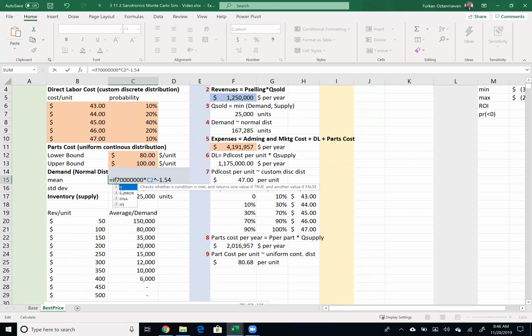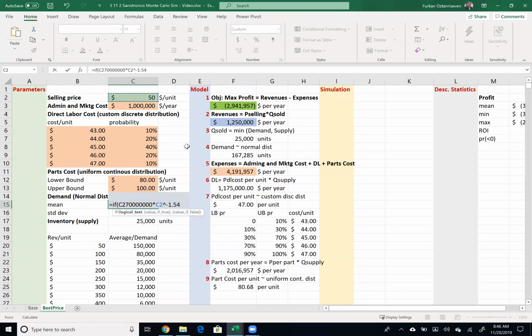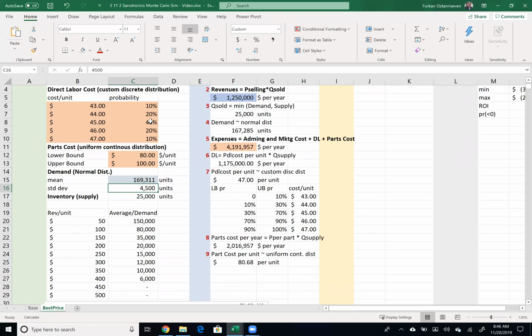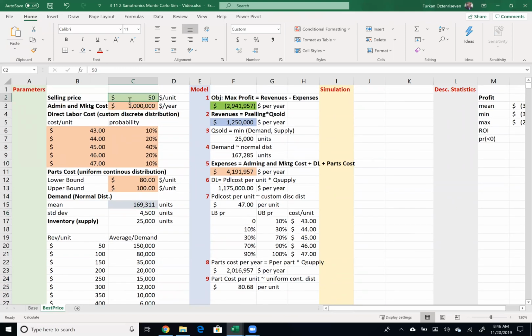So if the price is greater than my threshold that's given here, 400, if it's greater than 400, then give me 0, otherwise the value that we just came up with. All right, this is more beautiful, so that if I try to charge, let's say, so much money, $500, I should F9 to refresh, I should sell nothing.